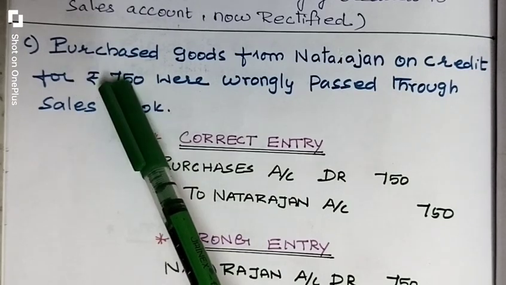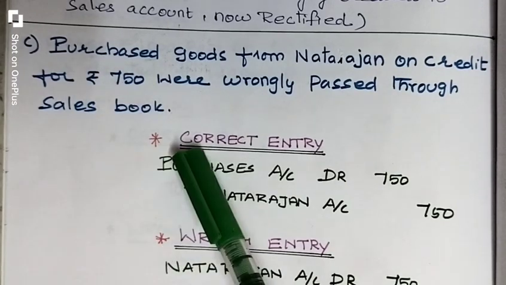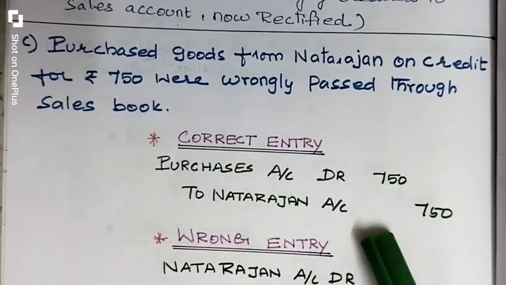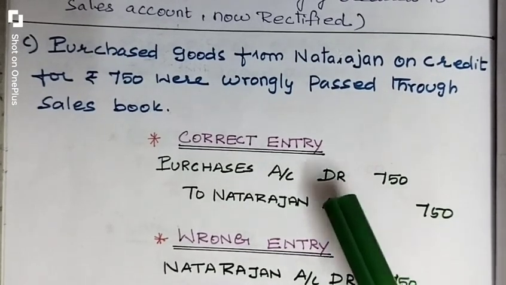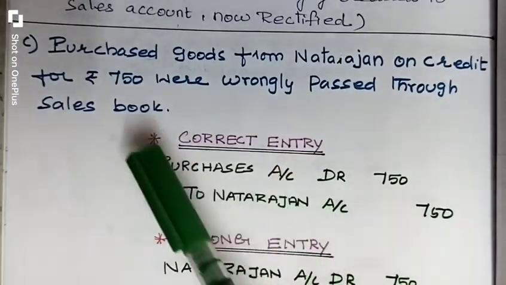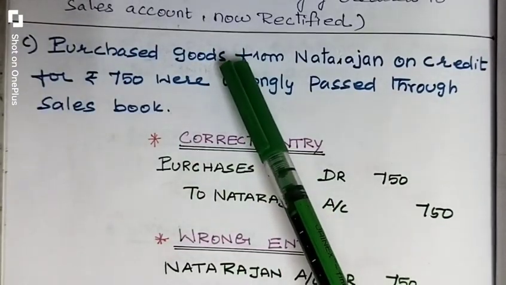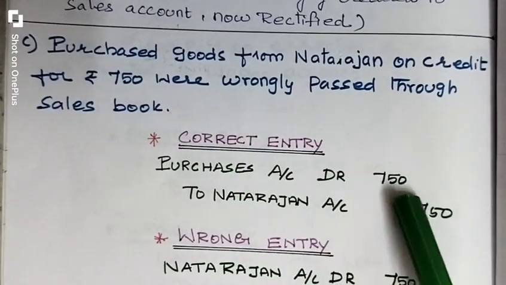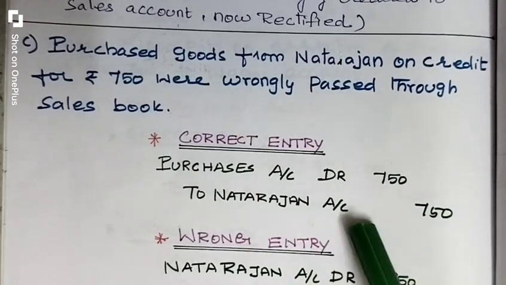So to rectify that, we need to enter the purchases account. What is that? Purchases account debtor 752, Natarajan account 750.